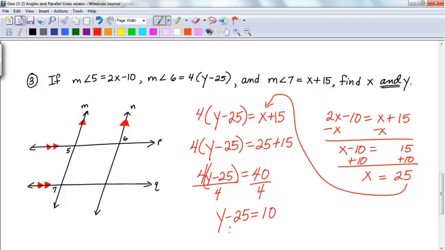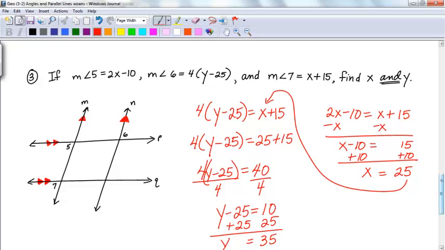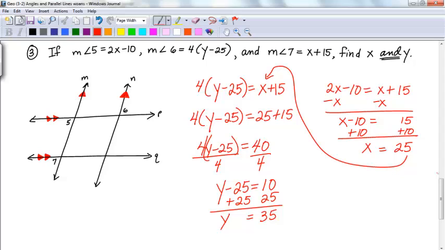Then add 25 to both sides, and y equals 35. We set angle 5 equal to angle 7 because the other way we end up with an x and a y both.